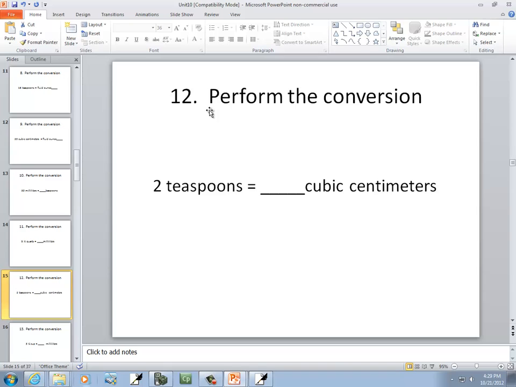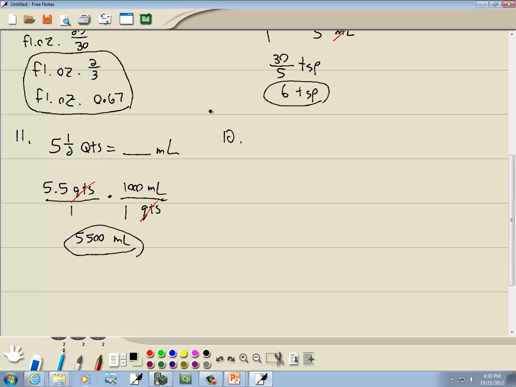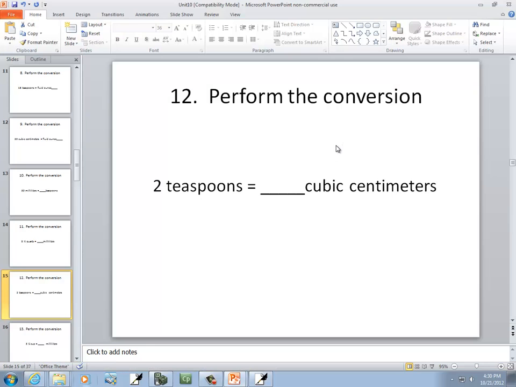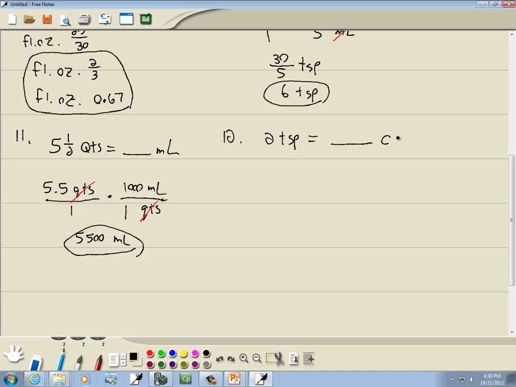Let me grab a drink and then we'll work this next problem. Okay. So we got 2 teaspoons equals blank cc's. Probably not going to be able to get it to cc's, but remember cc's is the same as milliliters. So that's what we're going to look for. 2 teaspoons, put over 1.